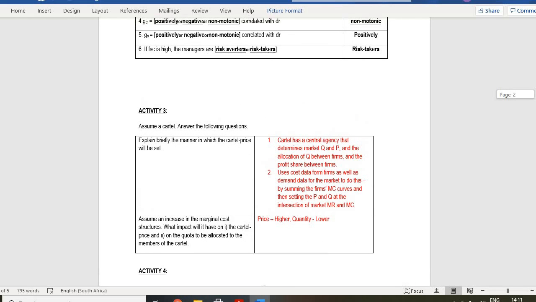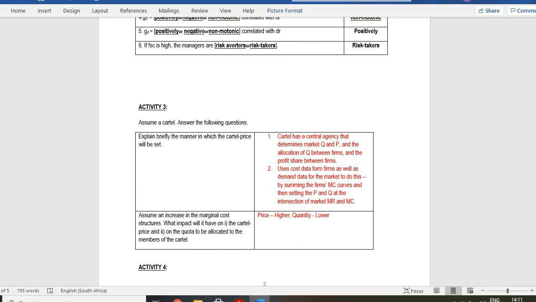And then question 3 says, assume a cartel. Answer the following questions. Explain briefly the manner in which cartel price will be set. Okay, so let's first determine or explain what a cartel is. So a cartel is an association of suppliers with the purpose of maintaining prices at a high level and restricting competition, right?